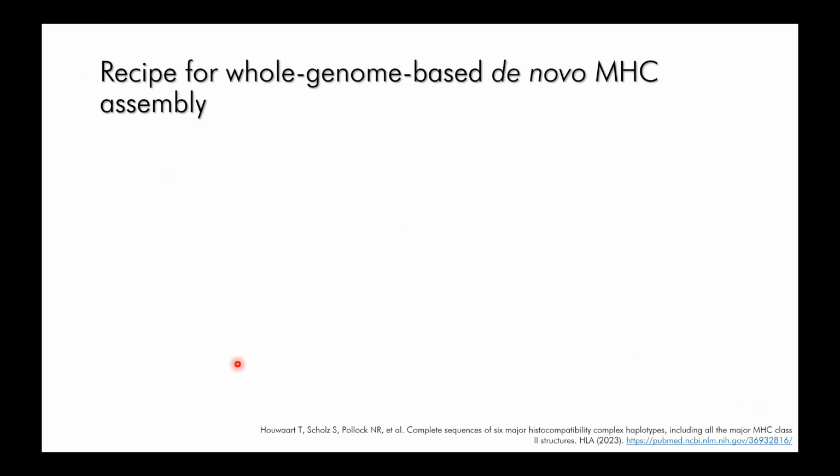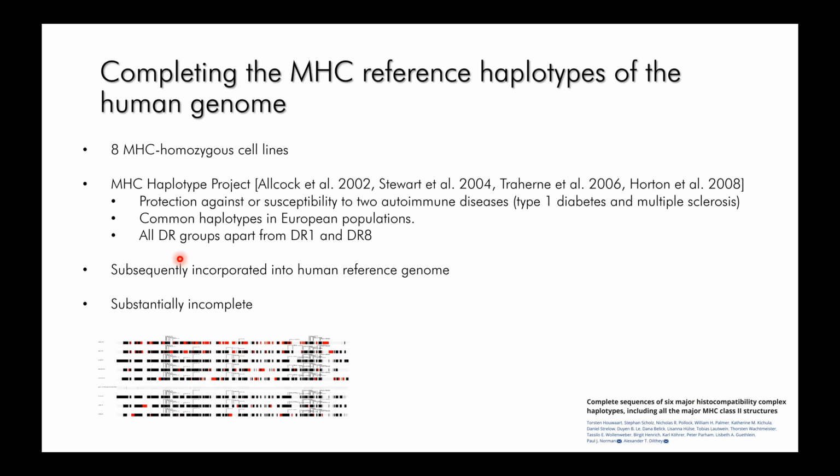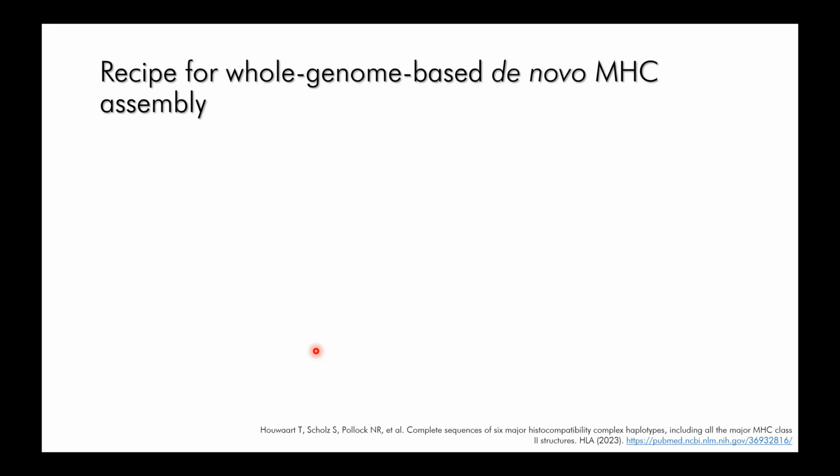Okay, so first thing we did was we obtained the original cell lines for 5 of the 6 incomplete haplotypes. The 6th cell line we couldn't get hold of yet, and we also included another cell line, Cas116, because that contained another DR structure. So what did we do?